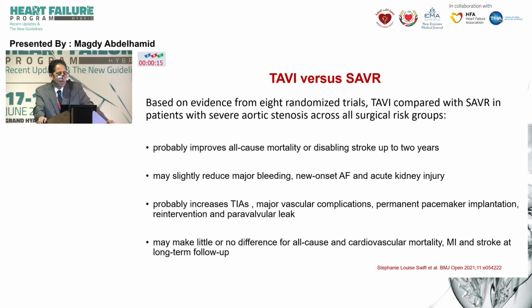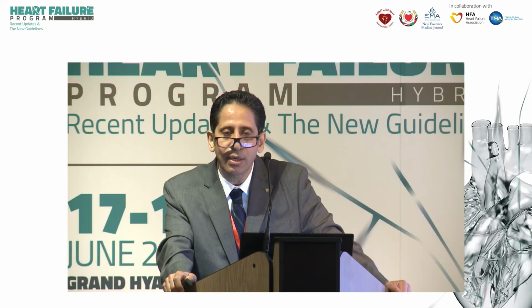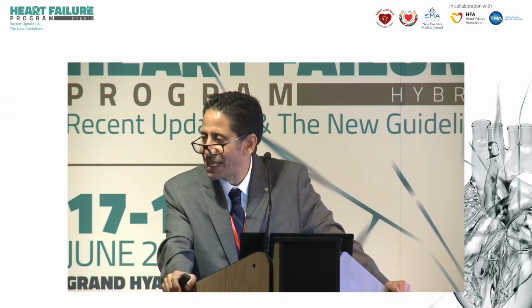And we have many meta-analyses comparing TAVI versus surgery. And in this meta-analysis, TAVI probably improves all-cause mortality or disabling stroke up to 2 years, may slightly reduce major bleeding, new onset atrial fibrillation, and acute kidney injury.